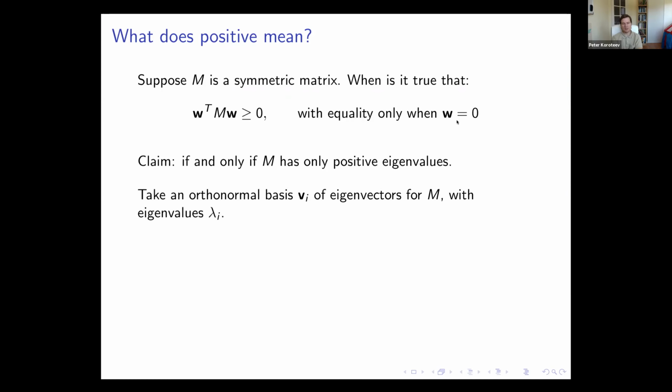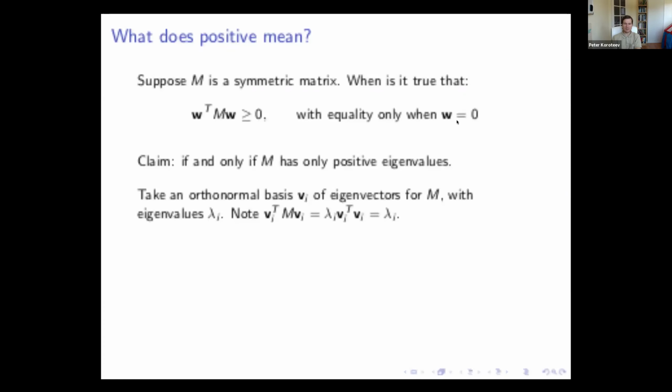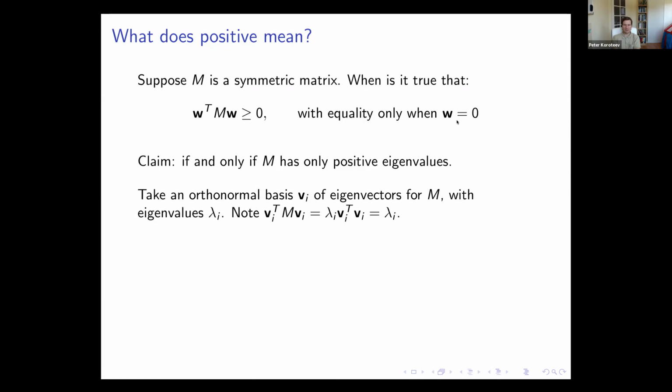Right, so we can take an orthonormal basis Vi of eigenvectors for M with eigenvalues lambda i, and because it's orthonormal, Vi transpose M Vi is equal to lambda i Vi transpose Vi, which is lambda i. So if any of those lambda i's is less than or equal to 0, then the form is not positive.